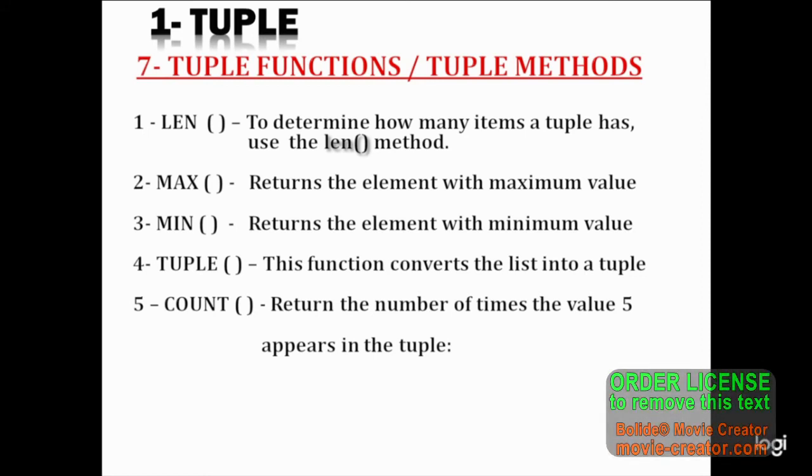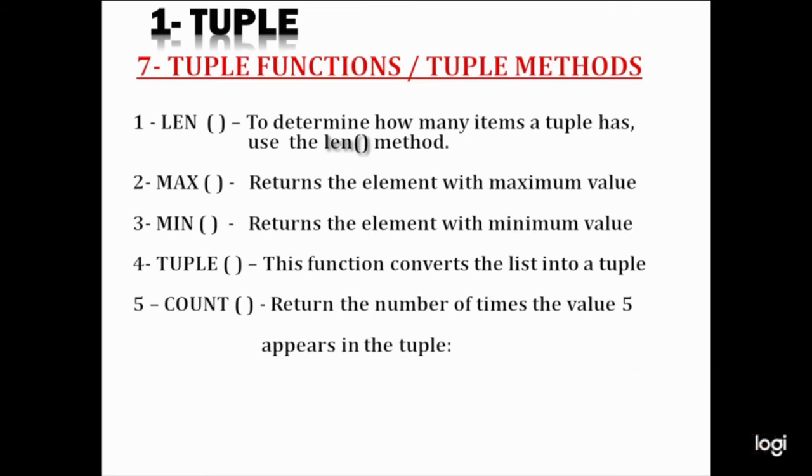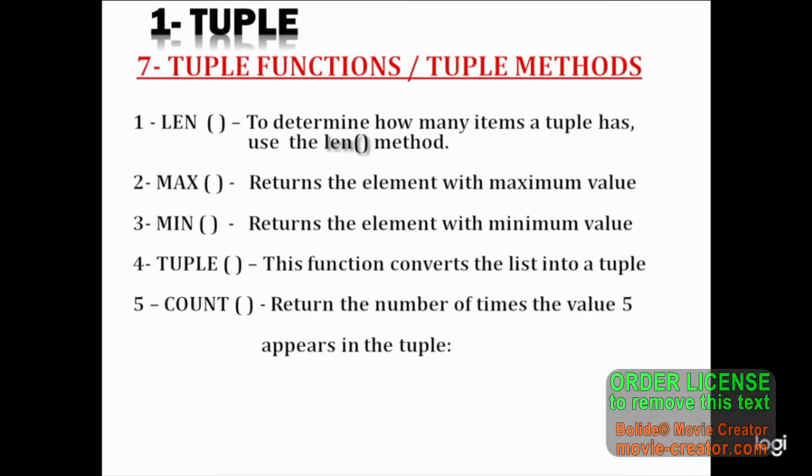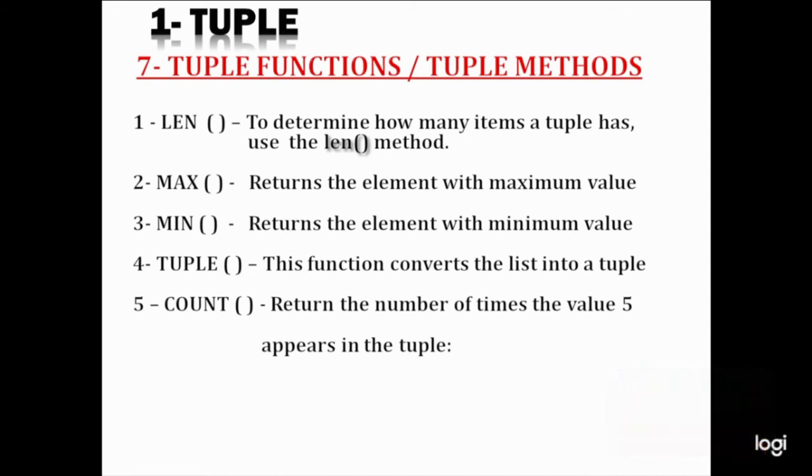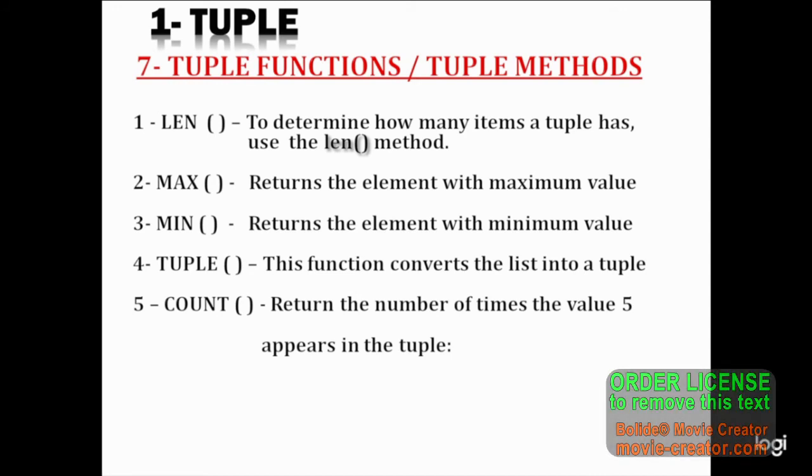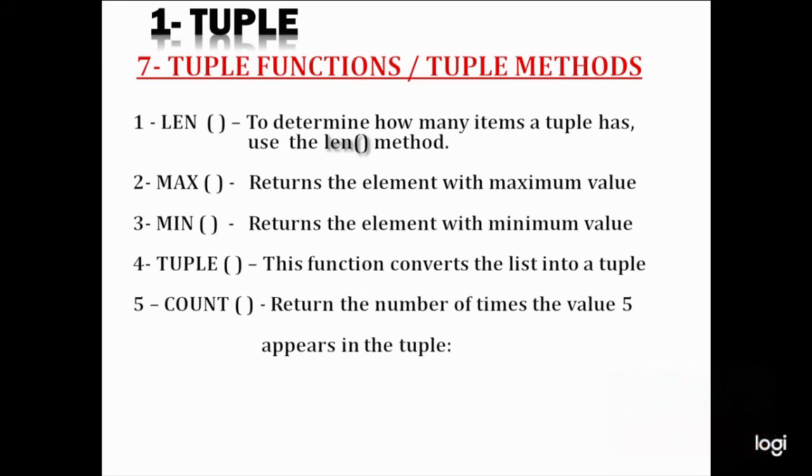Fourth one is a very important function, tuple. This function will convert a list into a tuple. You know that you cannot change the items of a tuple, but if you change the tuple into a list, make changes in the list, and again convert that list into a tuple, in this indirect way you can change the items of a tuple.